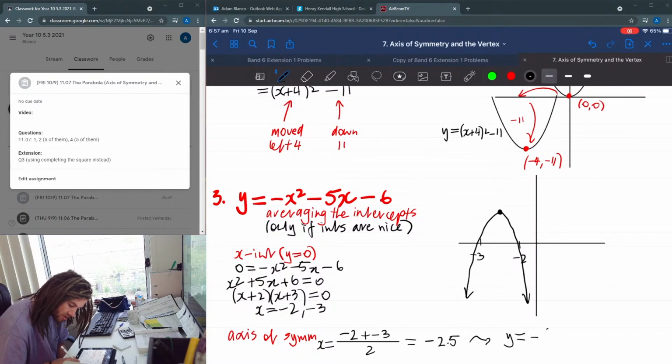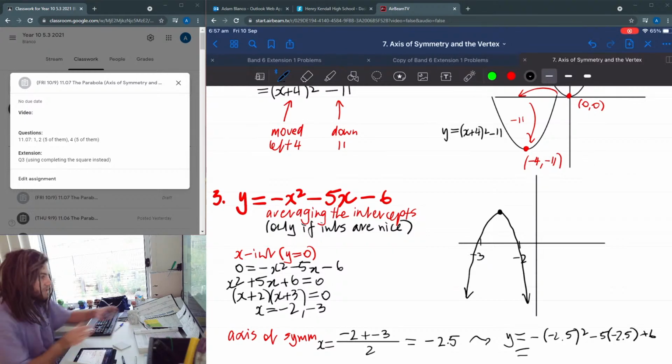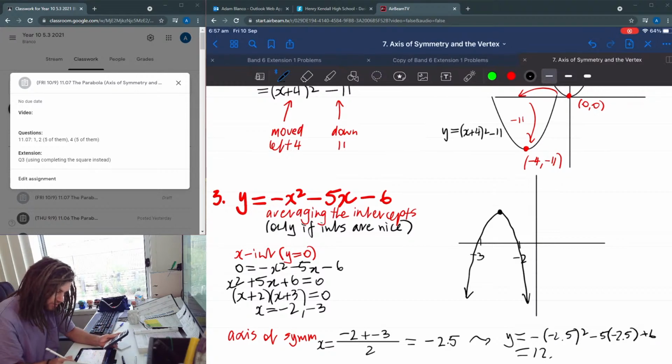So then I've got minus 2.5 squared minus 5 times minus 2.5 plus 6. I don't have the answer to that because I made this question up, so I'm going to have to work it out. Minus (2.5 squared) minus 5 times minus 2.5 plus 6 equals 49 on 4, which is 12.25.